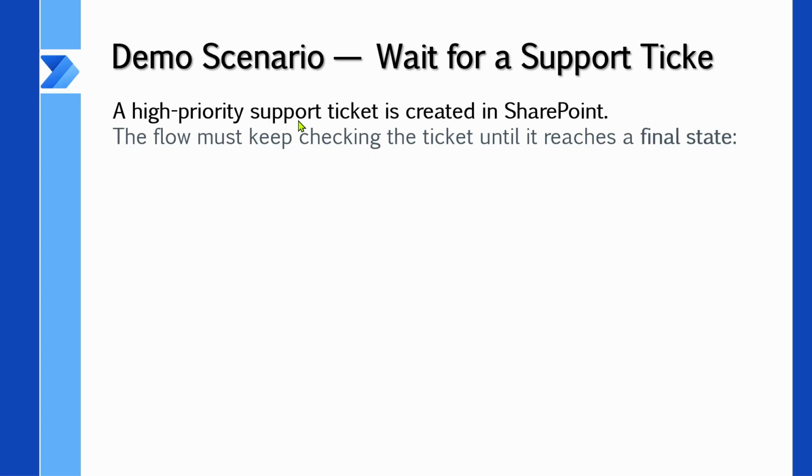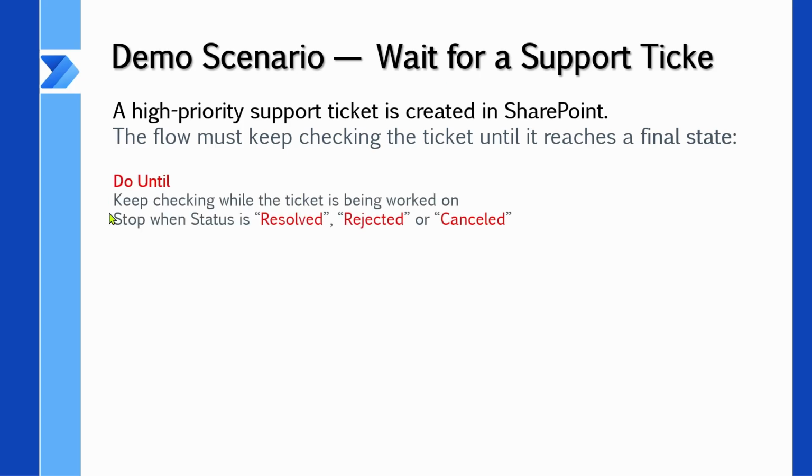A high priority support ticket is created in SharePoint. The flow must keep checking the ticket until it reaches a final state. And that final state is not going to be just one single value. Your do until should keep checking while the ticket is being worked on, and stop when the status becomes resolved or rejected or canceled.